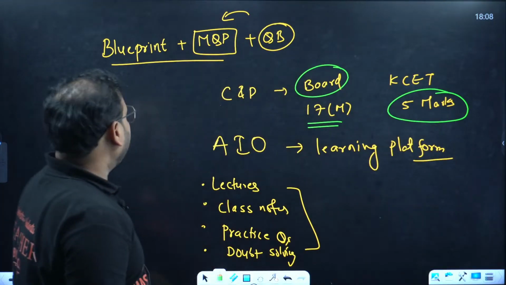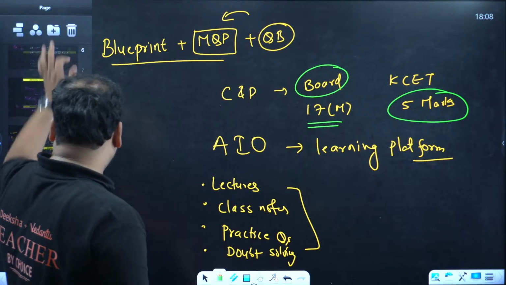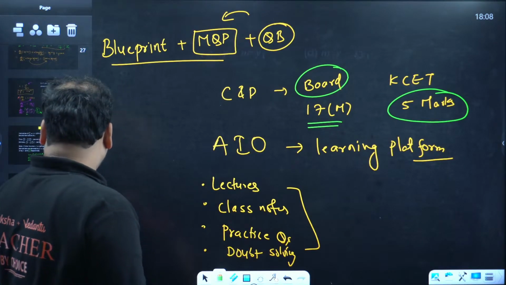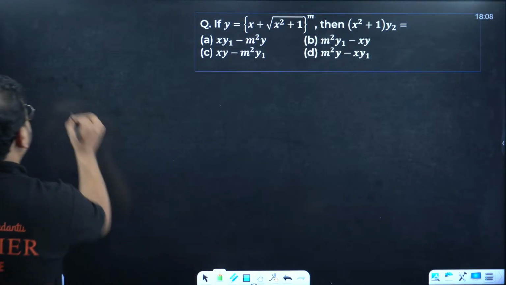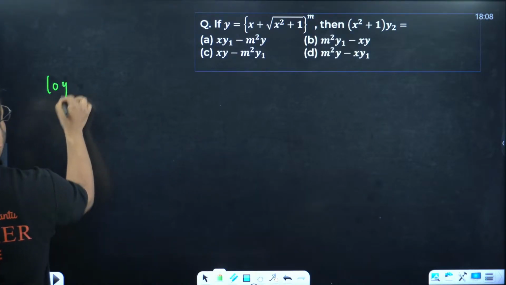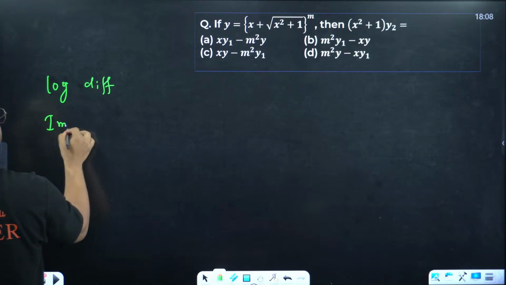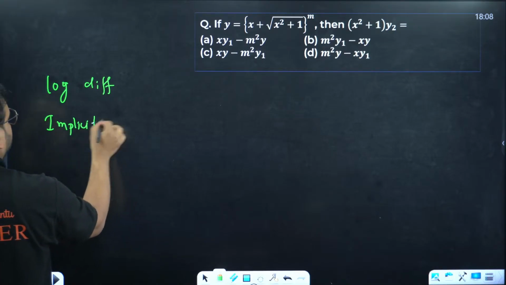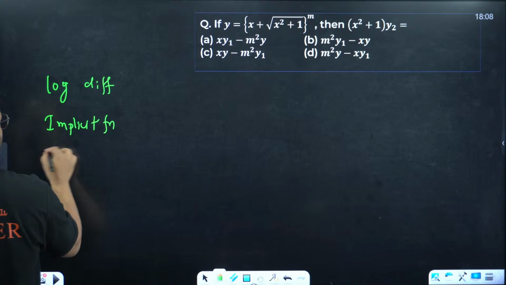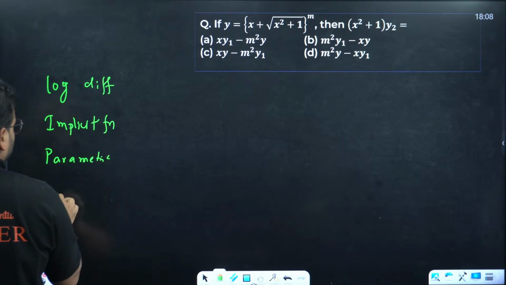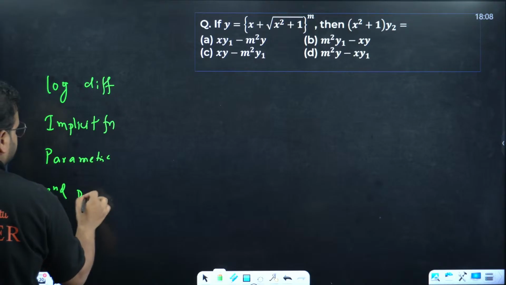And the question that is coming from this particular concept that I've discussed today: logarithmic differentiation, then implicit function, then parametric form, and then we have second derivative.